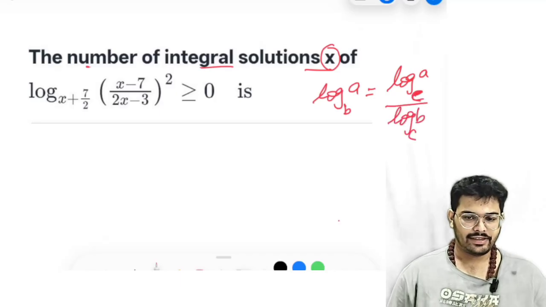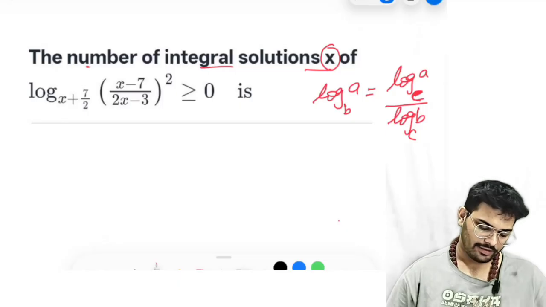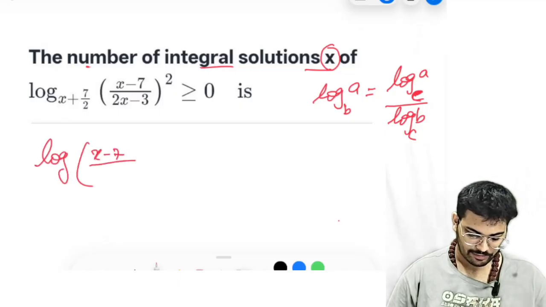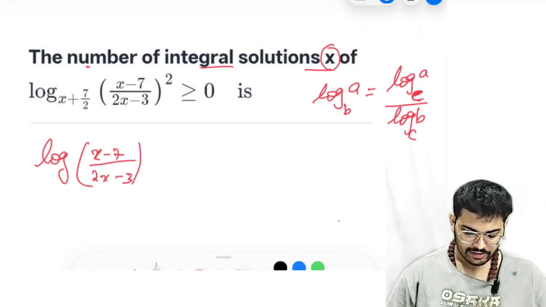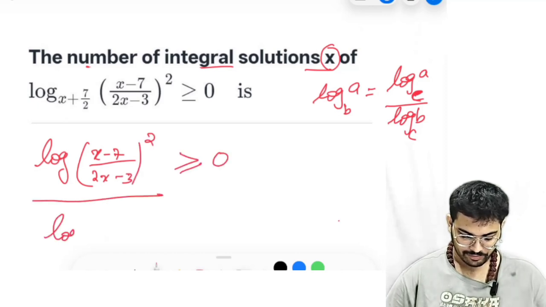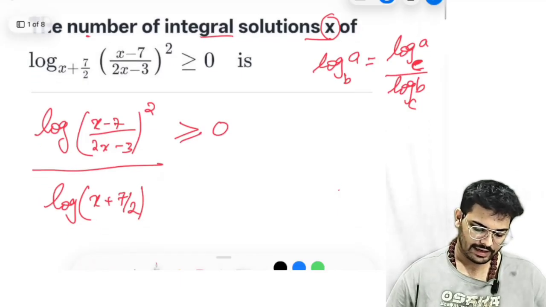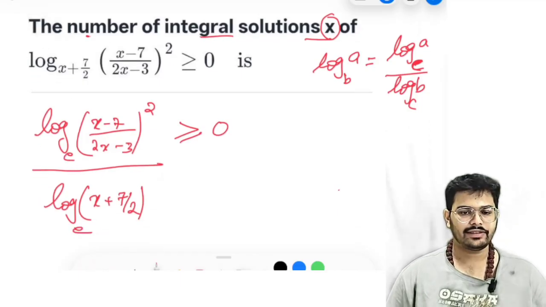If nothing is mentioned, the base will be e. Therefore this will be equal to log of ((x minus 7) divided by (2x minus 3)) the whole square, divided by log of (x plus 7 by 2), greater than or equal to 0, where the base is e.